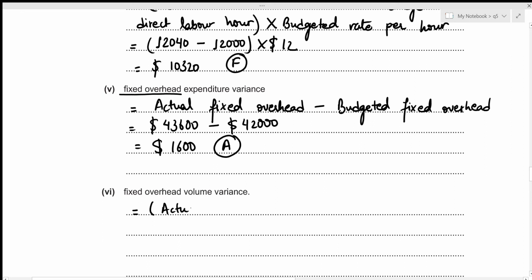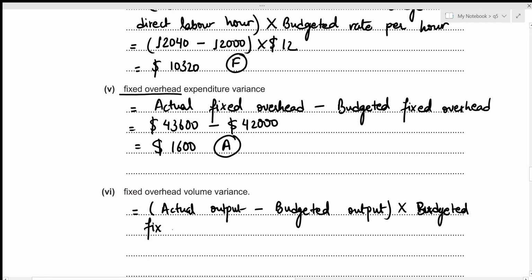So that's actual output minus the budgeted output. And we multiply it with the budgeted fixed overhead per unit.